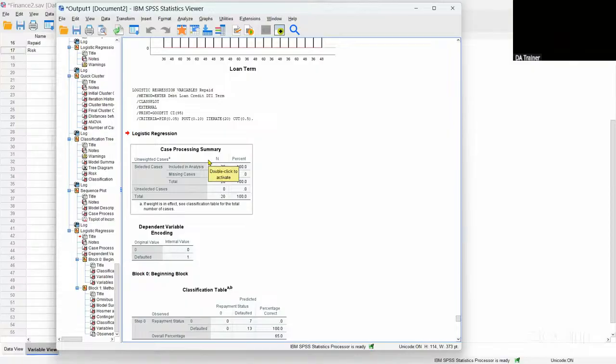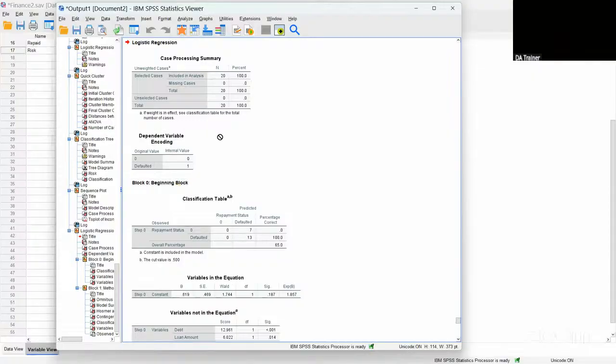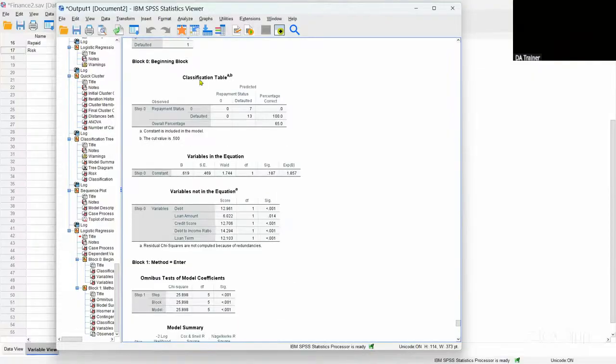That is when we needed to bring in binary logistics, predicting if a customer will pay us back or will not pay us back. Right? So we had to bring this into play. And then, as you can see, we have the classification table. Repayment status. Normally, defaulted people are still 7 and 13.